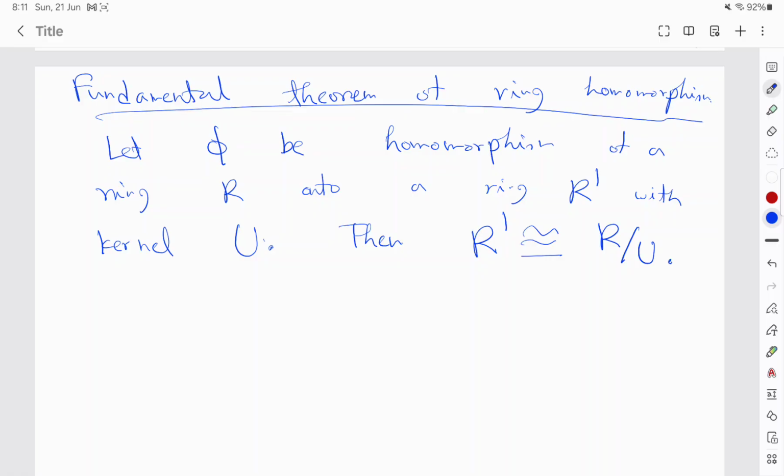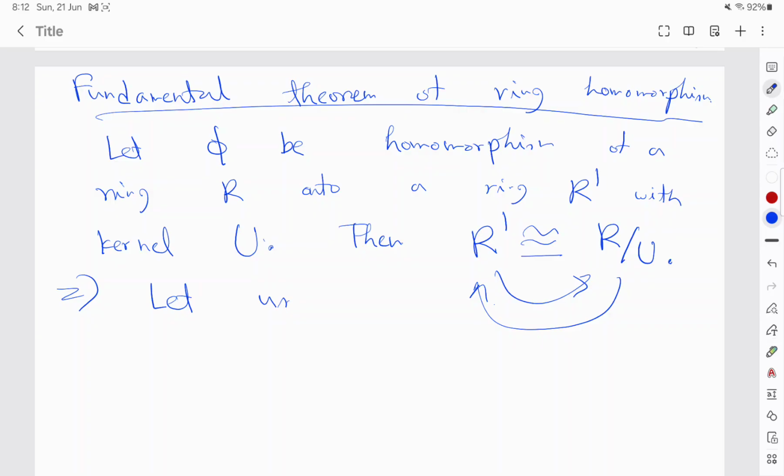So we are defining another map. Whenever you have to show that this is isomorphic, you have a map from here to here or here to here; anyway, that map should be a homomorphism, one to one and onto.